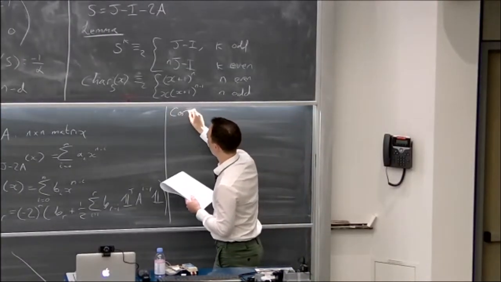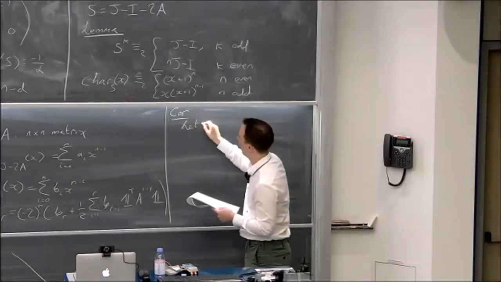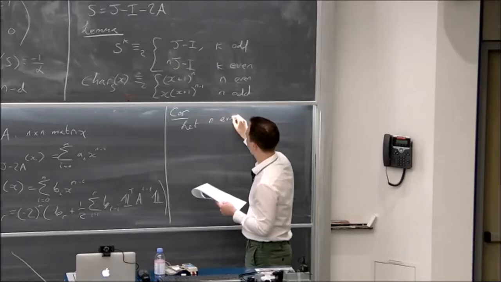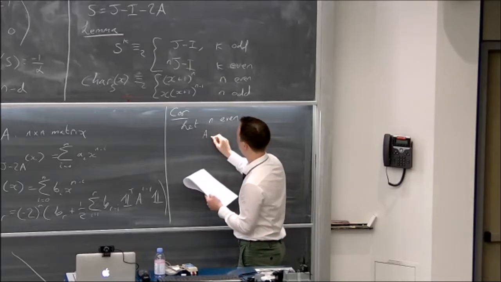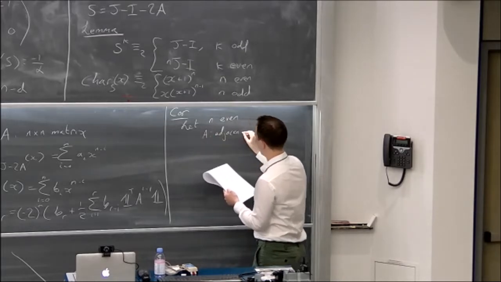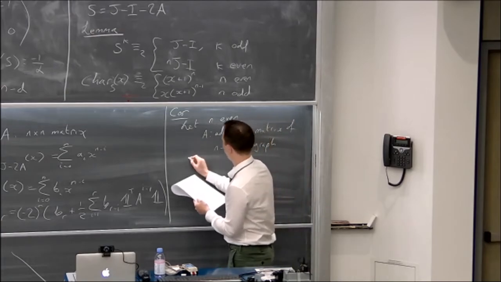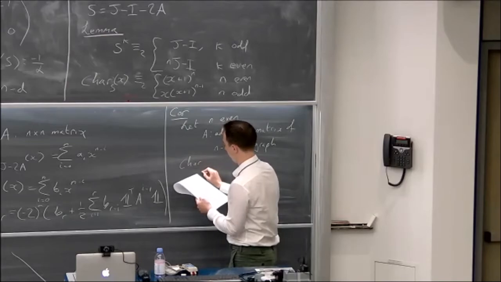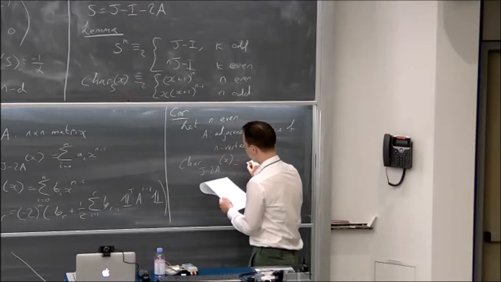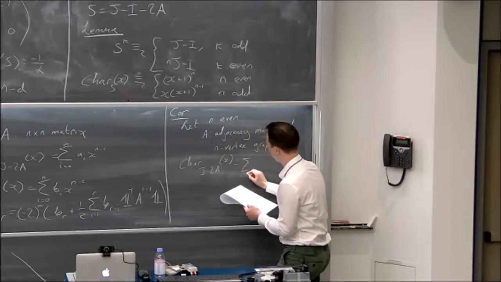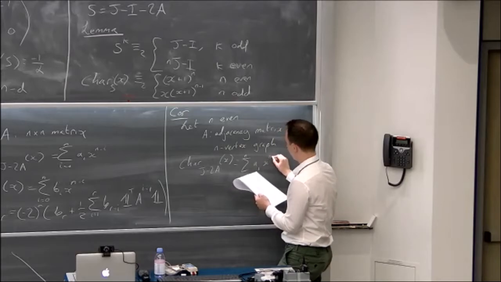So here's a corollary of this lemma. Let n be an even integer, and A an adjacency matrix of some n vertex graph, and we write the characteristic polynomial of j minus 2a in the way we did before, as the sum from i goes from 0 to n of a sub i times x to the n minus i.